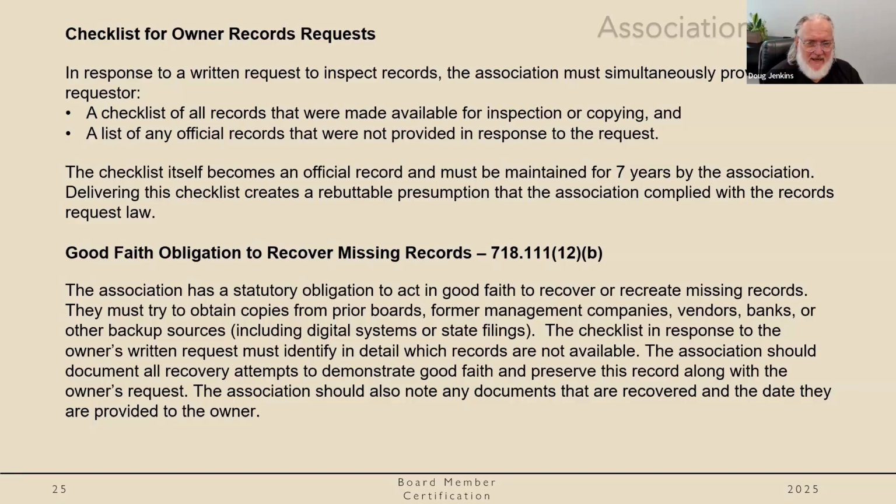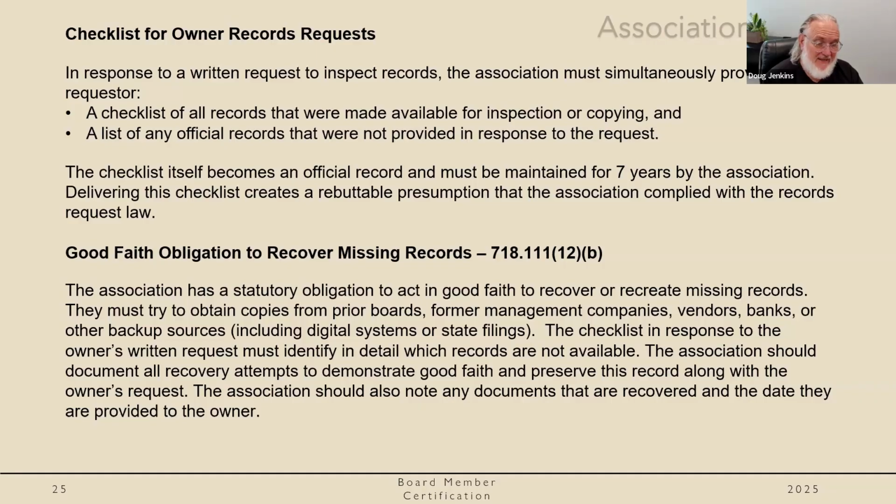That checklist becomes an official record, and it must be maintained for 7 years by the association. According to the statute, this checklist creates a rebuttable presumption that the association complied with the records request law. So this is protecting the association. So you want to be sure that this checklist is provided anytime there is a records request.